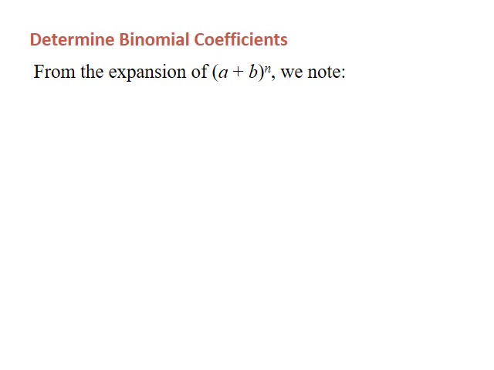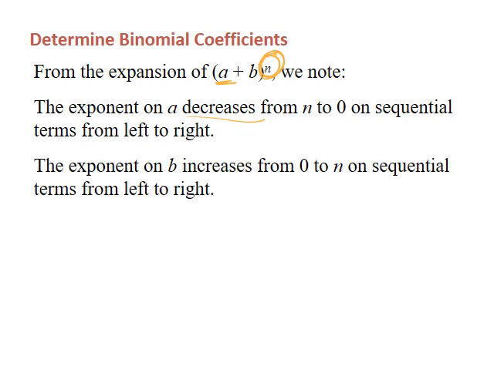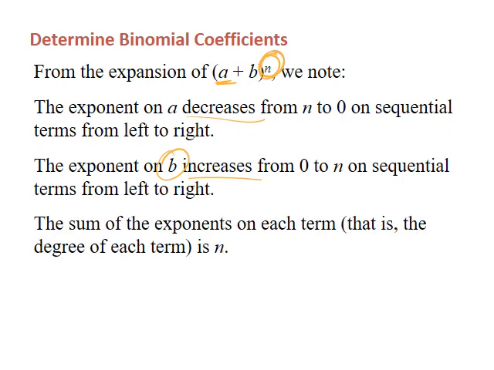You may notice that from an expansion, just a general expansion, the exponent on the first term decreases from n to 0 from left to right, whereas the exponent on b increases from 0 to n from left to right.